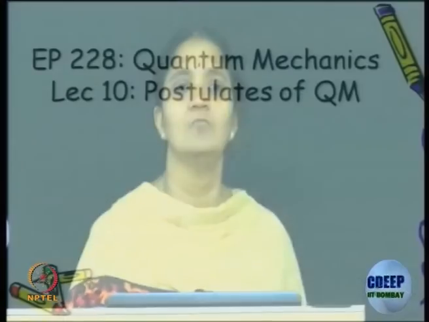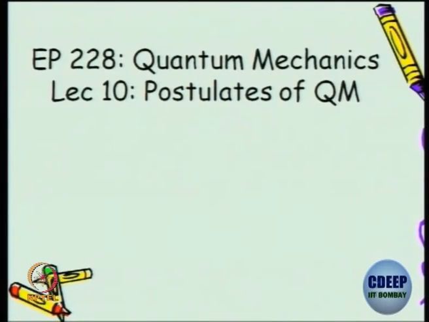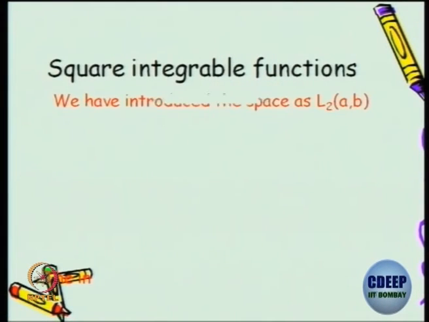So, let me get on to today's lecture, where I want to formally introduce the postulates of quantum mechanics. Okay, so before I go, what all have we done? Square integrable functions, which we denoted as L2 of a comma b, this we have done.